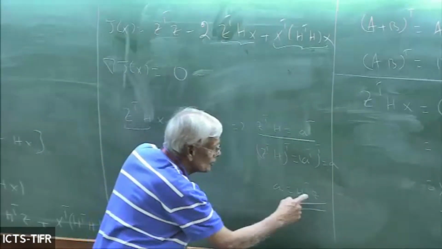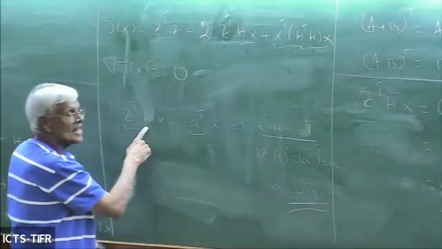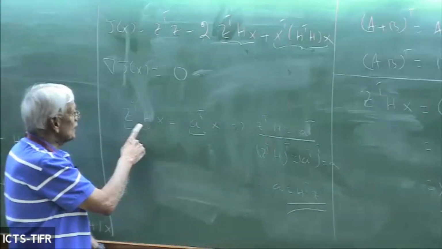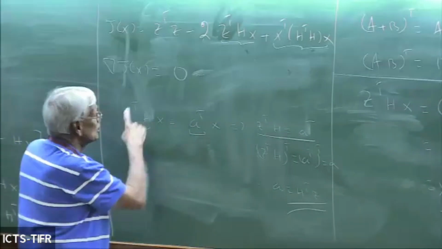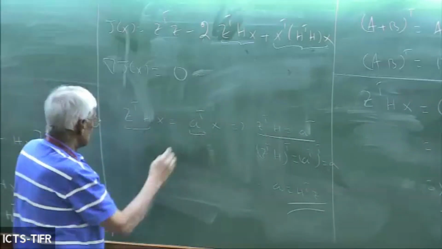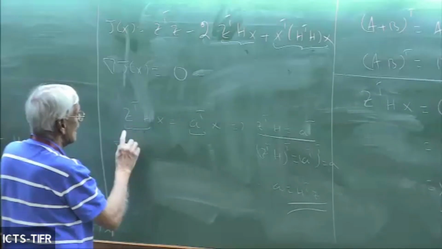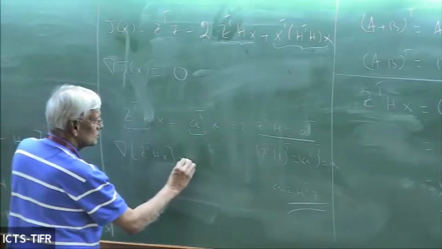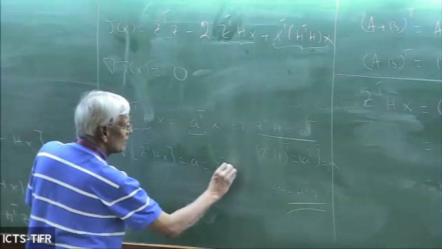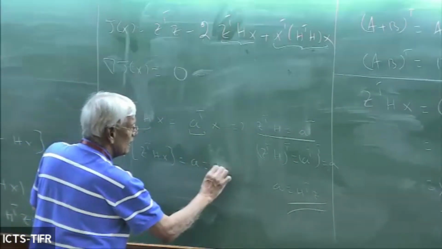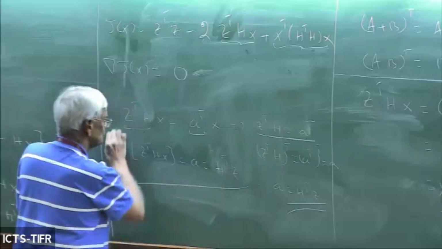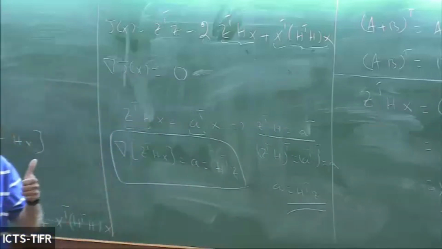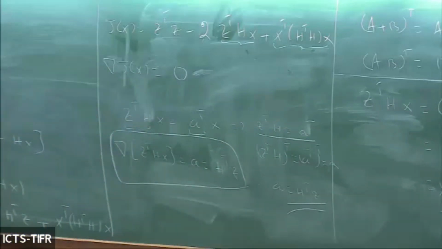So a is equal to H transpose z. If I change the variable by substituting H transpose z equal to a, this becomes a transpose x. Therefore, the gradient of this term must be equal to a, which is equal to H transpose z. Boom. Are you all with me?